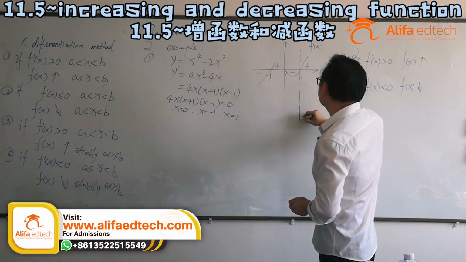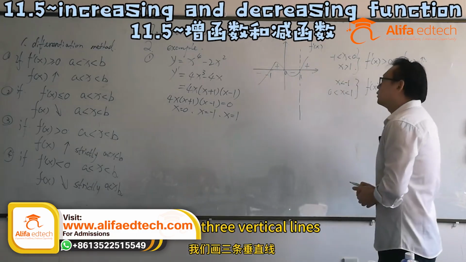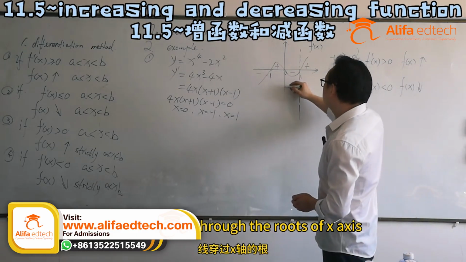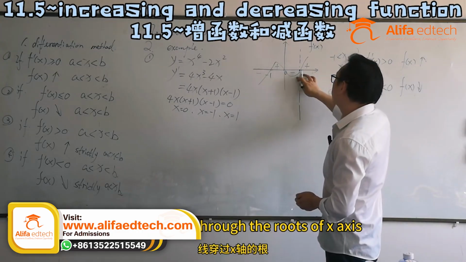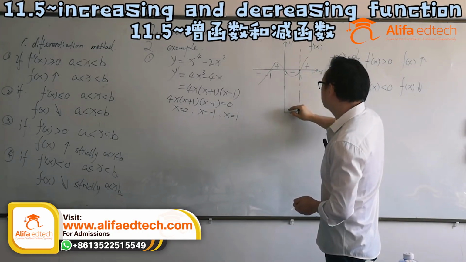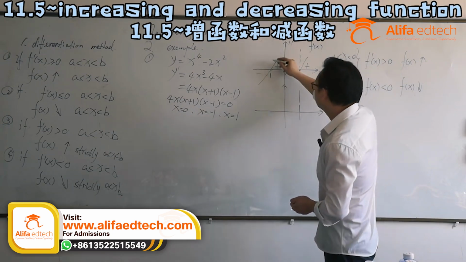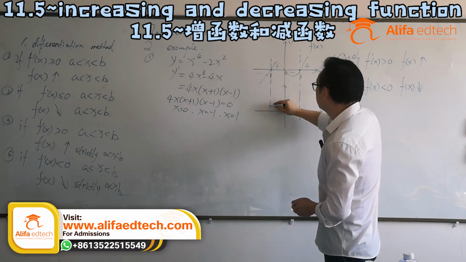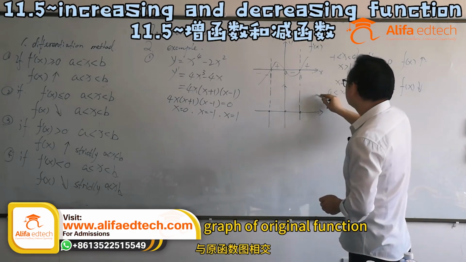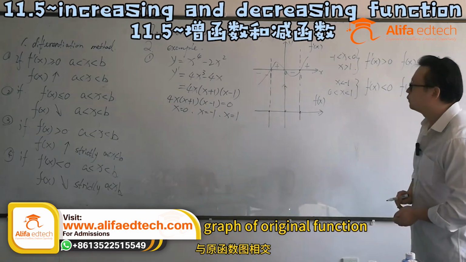We draw 3 vertical lines that pass through the roots on the x-axis, and then intersect the graph of the original function.